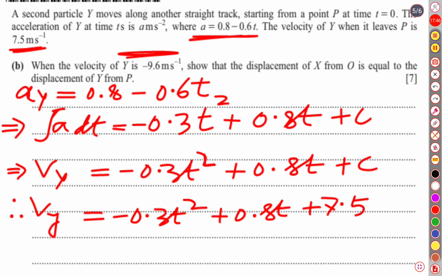Remember, this is a very crucial point. Whenever you integrate, you should know the velocity at a particular time, what was the value of velocity. Then they have told that the velocity was negative 9.6.